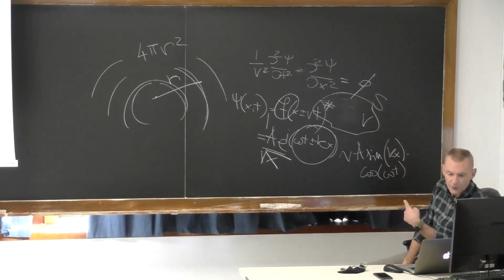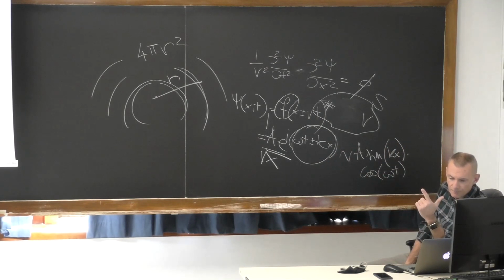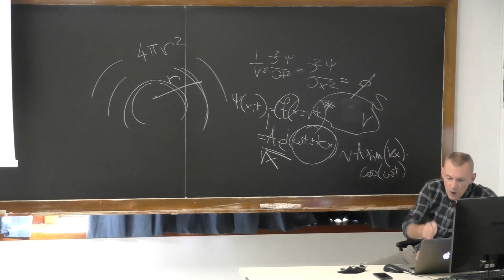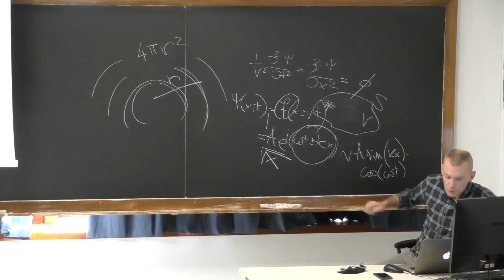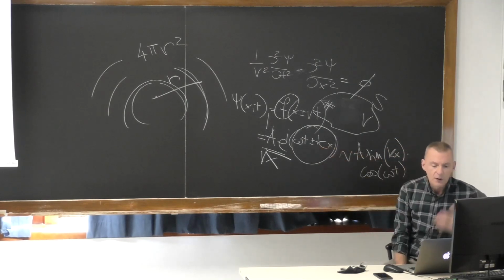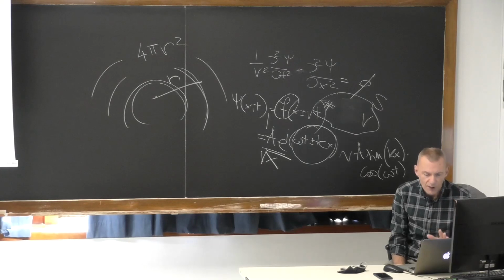And remember the relation between progressive and standing waves. Summing progressive waves, you can get a standing wave. But if you have standing waves, by the Fourier theorem, you can generate them by summing progressive waves. Remember the duality between progressive and standing waves.